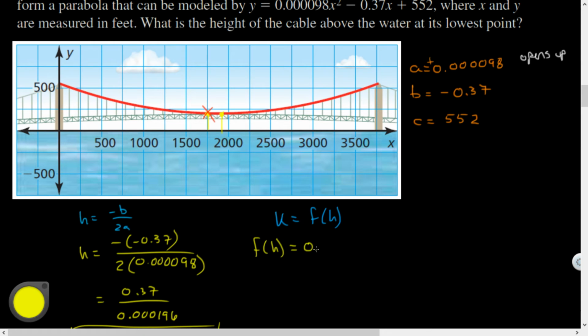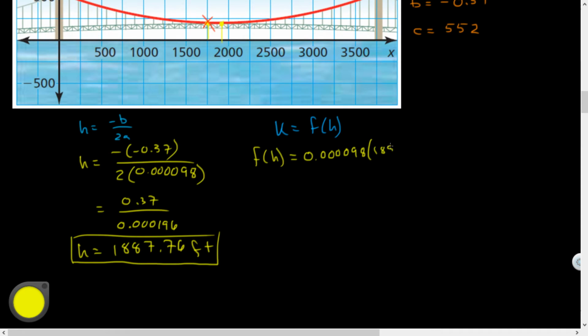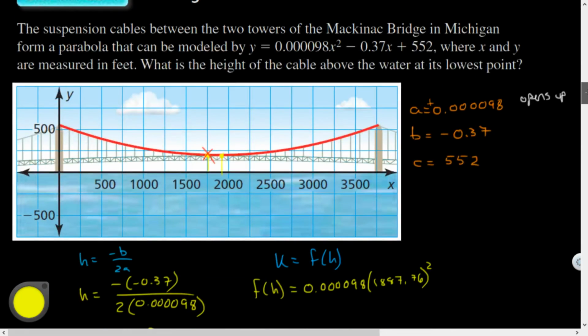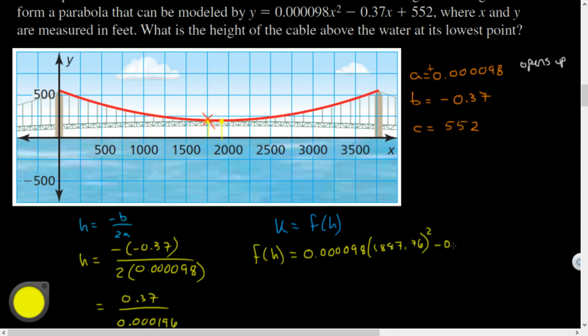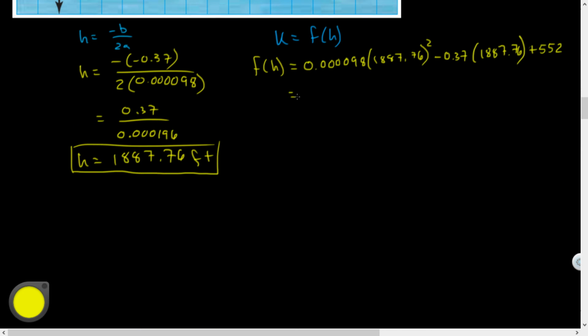I'm just writing the equation. 0.000098 times 1887.76 squared, minus 0.37 times, once again, that h number, 1887.76, and then plus 552. Okay? Wow. This is a crazy thing to have to PEMDAS here.